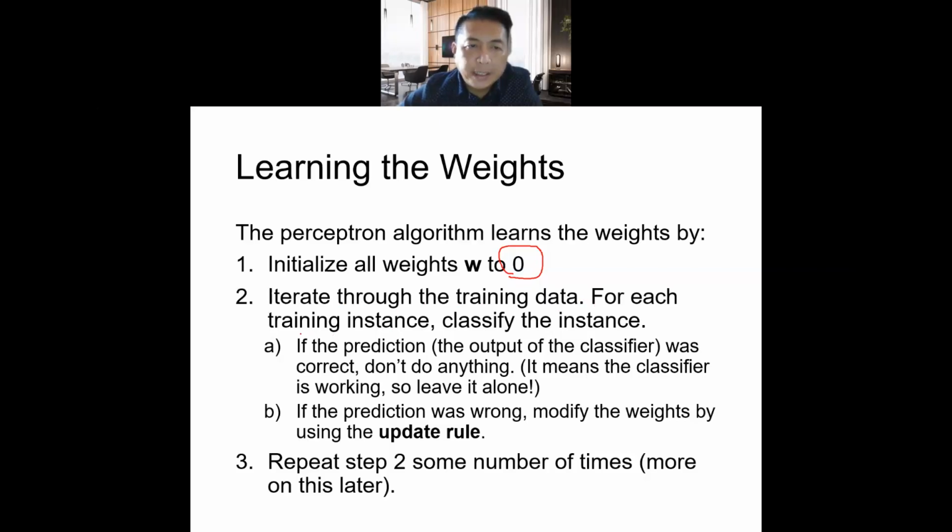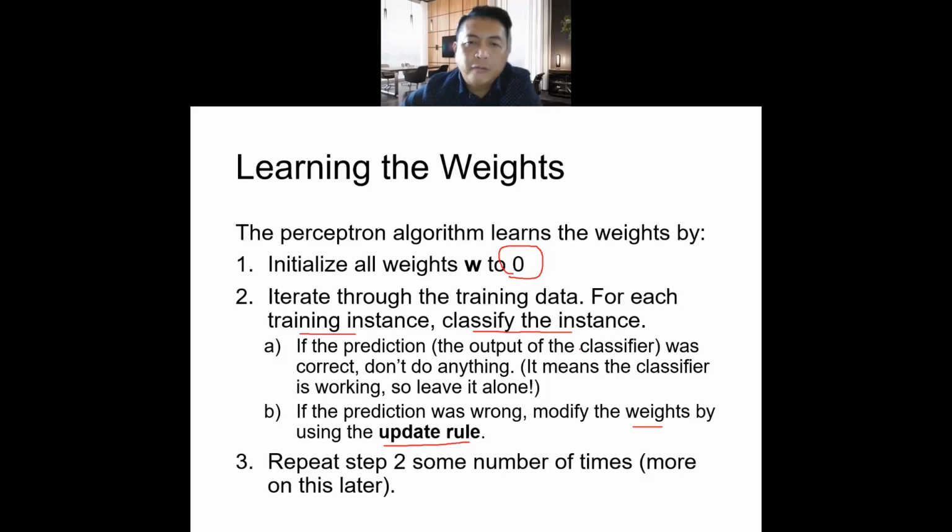For each training instance, it classifies the instance. If the prediction is correct, it will not do anything. If the prediction is wrong, then it has to modify the weights by using the update rule.